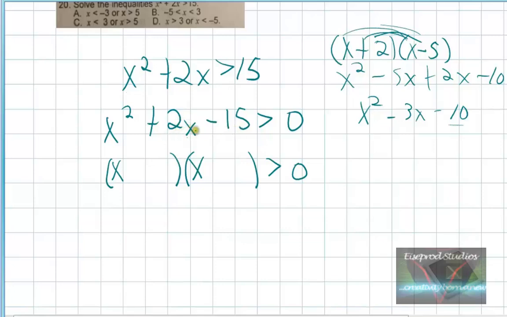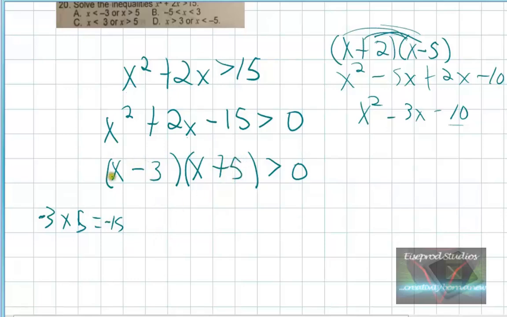Two numbers that could easily work here are 3 and 5, because we know that 3 times 5 is 15. And if we change one of these to be negative, we'll get negative 15. So I'm going to say that we change the 3 to a negative 3. So we're going to put x minus 3 and x plus 5.